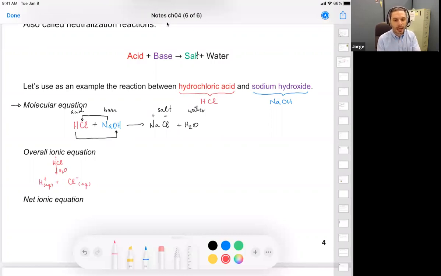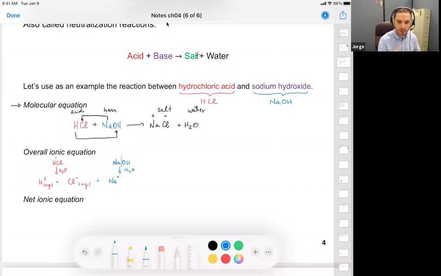And we do the same thing for the base, NaOH. Let's do here a pre-reaction and dissolve this compound in water. In this case, we are going to break the bond between sodium and hydroxyl, producing Na plus.